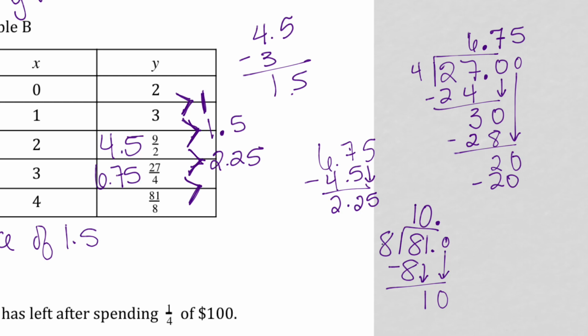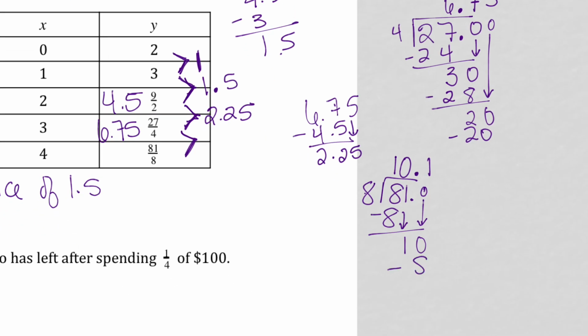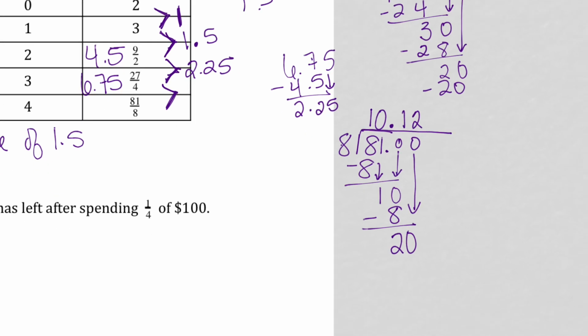How many times does 8 go into 10? 1 time. We subtract our 8. We get 2. We need to add another 0 and drop it down. How many times does 8 go into 20? Twice, which is 16. So we subtract that and we have 4. Can 8 go into 4? No. So we need to drop down one more 0.